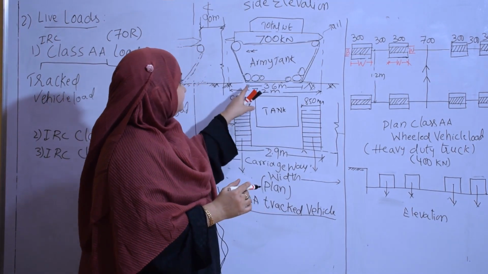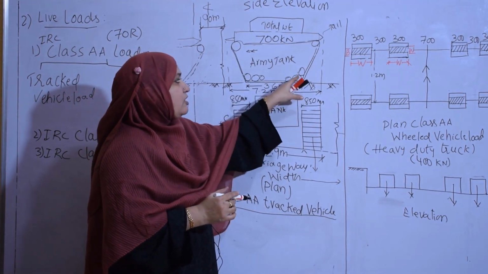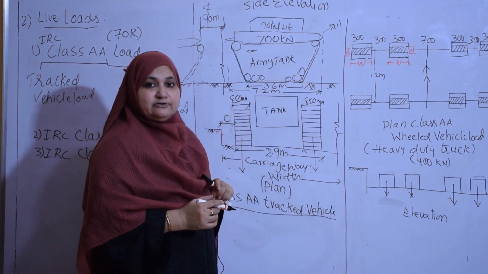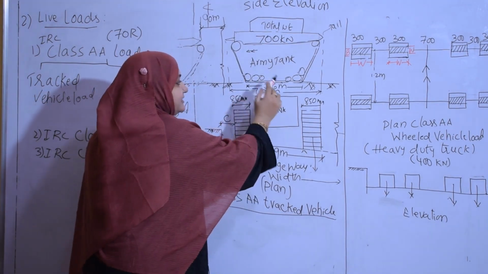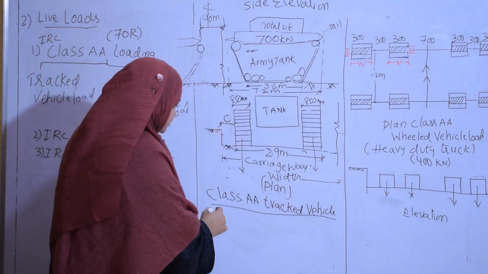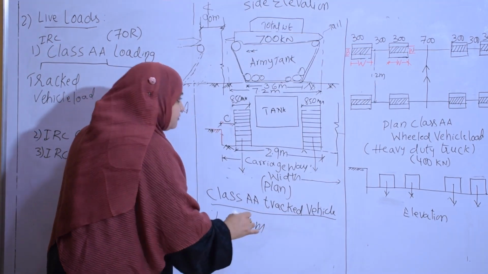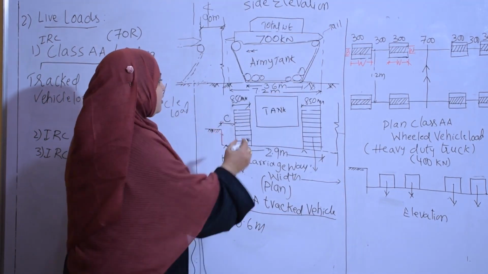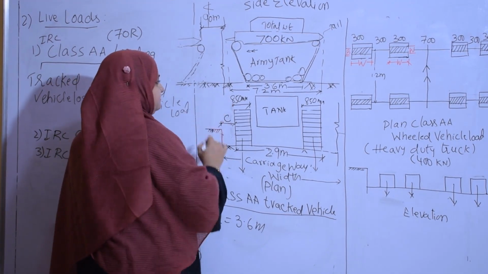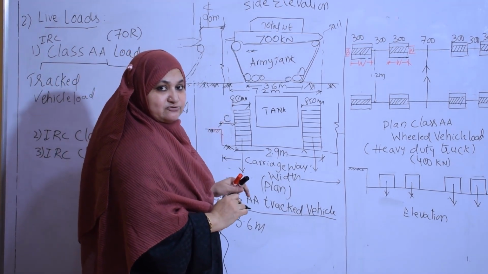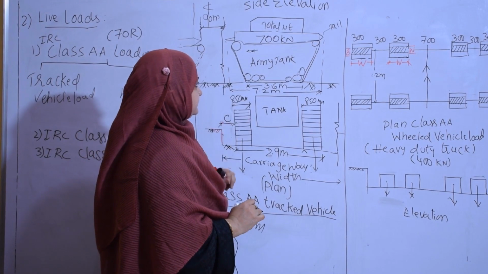The track is in contact with the ground, not the wheels. Wheels are resting on the track. The length of track is 3.6 meters. You should remember this 3.6 meters, because this track is in contact with the ground, as you can see from the ground symbol I have placed.